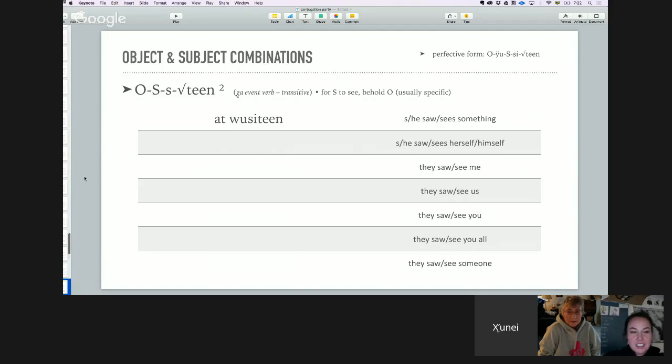Atsatine. Atwusatine. She saw herself. Sisala. Schwudzatine. Only with the 3 on 3 do we get the A.